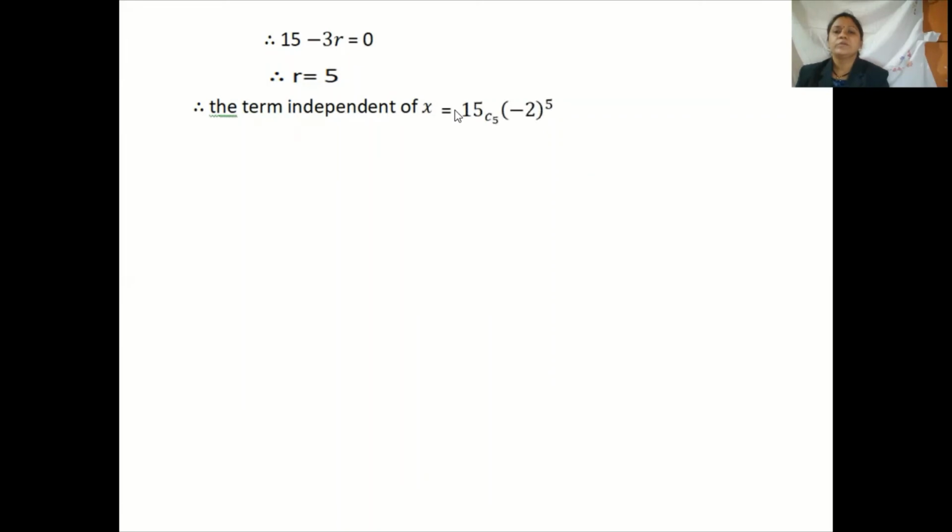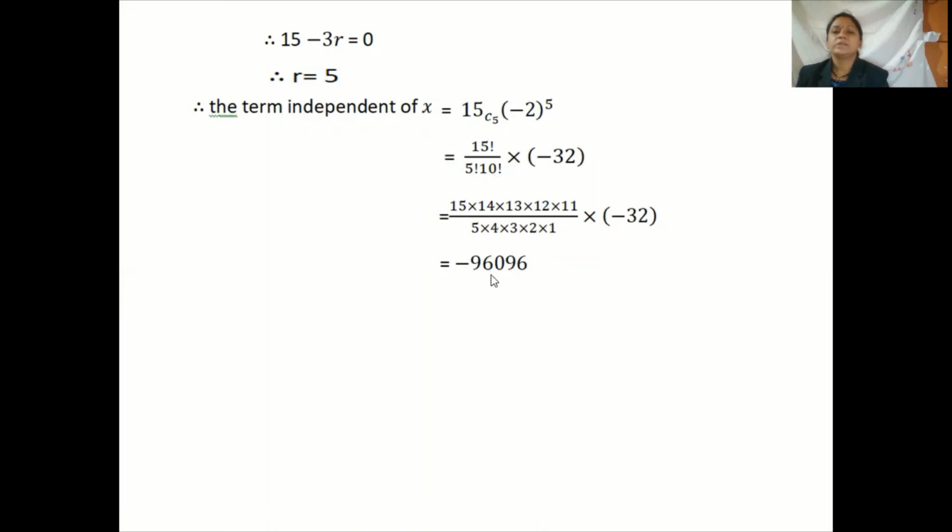is equal to, taking only the terms for r, 15C5, substituting the value of r as 5, minus 2 raised to r, the value of r being 5, is equal to 15 factorial upon 5 factorial 10 factorial into minus 32, is equal to 15 into 14 into 13 into 12 into 11 upon 5 into 4 into 3 into 2 into 1 into, the 10 factorial term got cancelled, into minus 32, is equal to minus 96096.